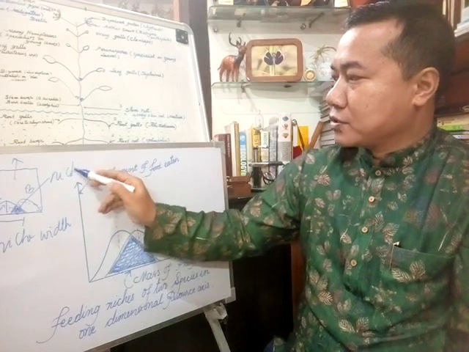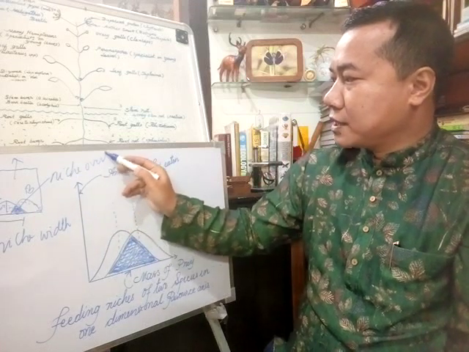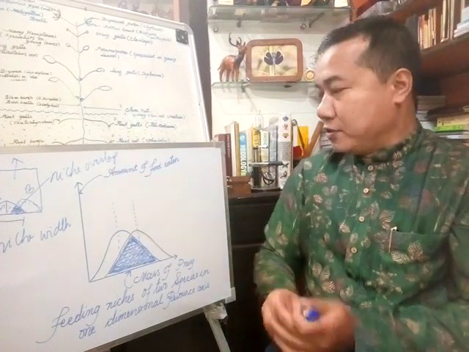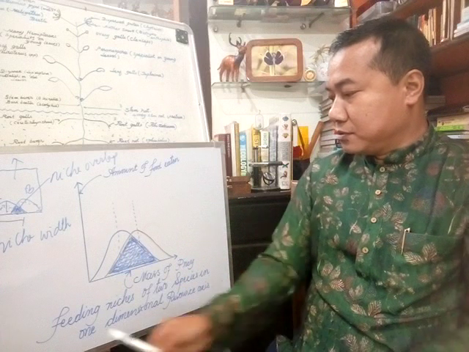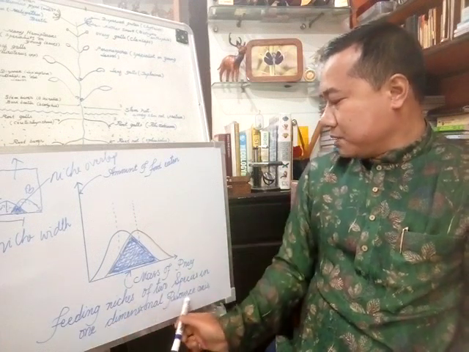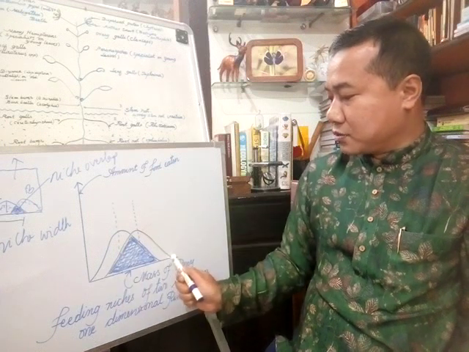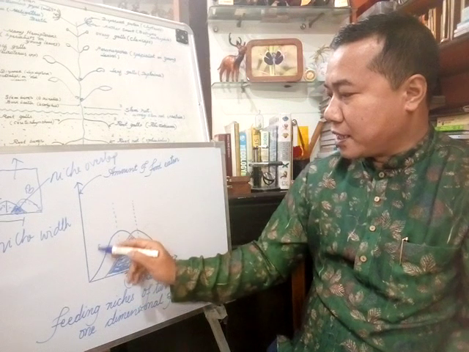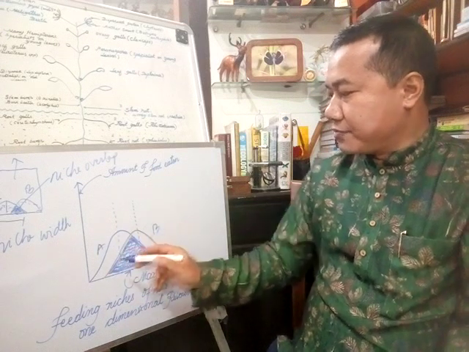So there is an overlapping of the niche of these two organisms. If you look at this graph, you now see the feeding niches of the two species on a one-dimensional resource axis. So this is the resource axis, let's say the mass of the prey, and species A and species B are feeding on it.